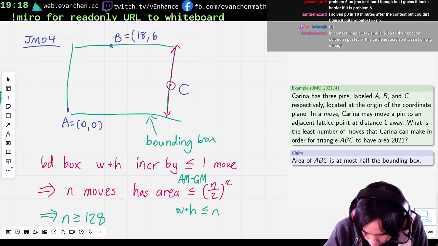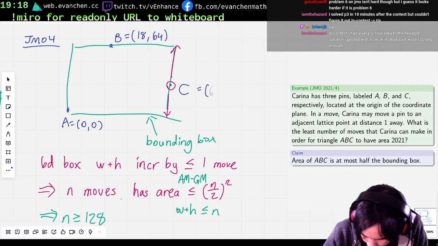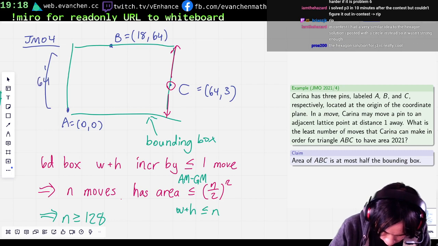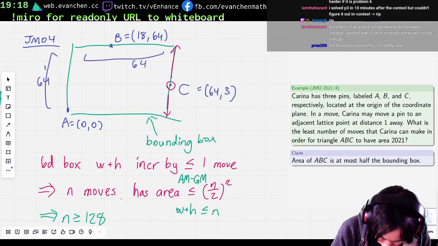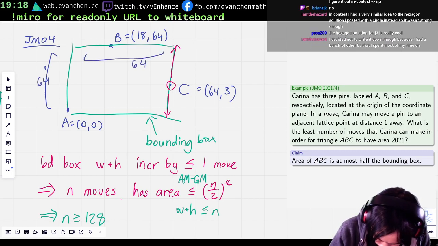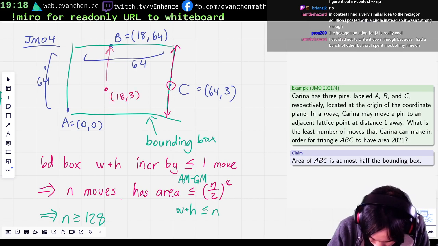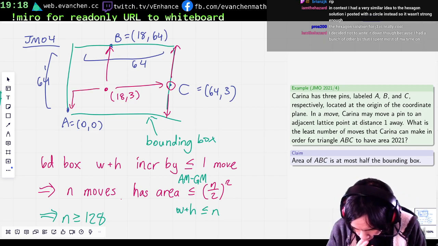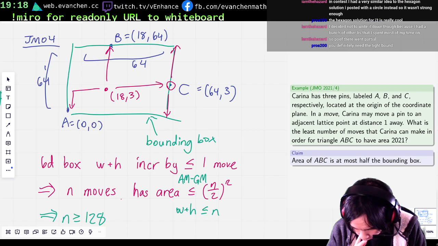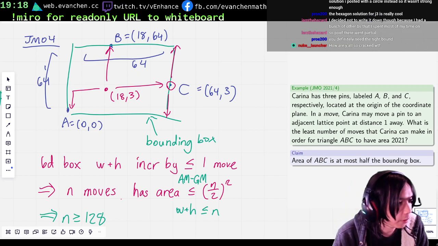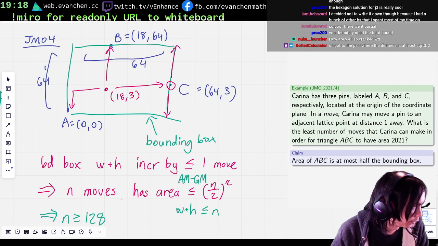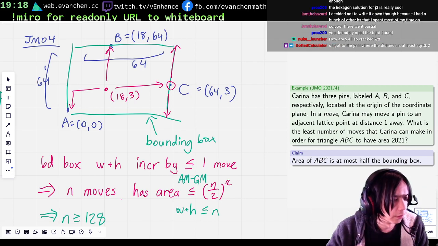18, 64. This is 64, 3. So if my bounding box is really 64 by 64, then from this point, 18, 3. Yeah, that should work. So I've shifted it, so rather it's starting at 0, 0, I'm starting at 18, 3, and then it looks like that.